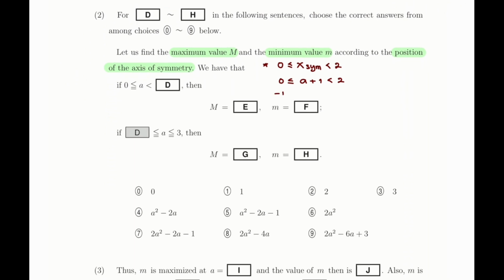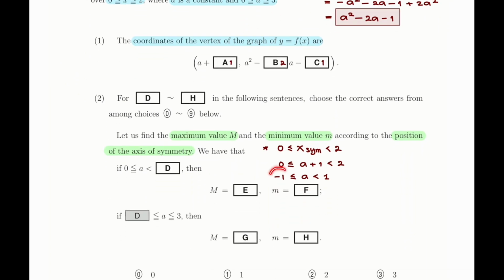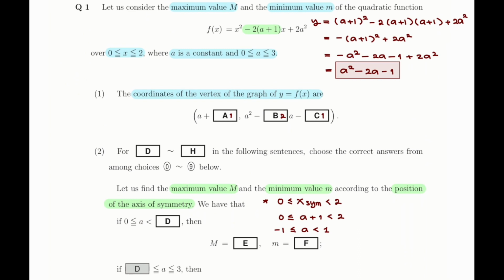Then negative 1 less than or equals to a less than 1. But since a is between 0 until 3, if you find the intersection between these two conditions, the first value must be equal to 0, not negative 1, because the smallest value of a is equal to 0.